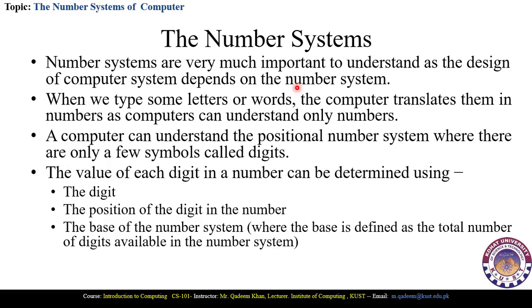When we type some words or letters inside the computer, the computer translates those words or letters into certain numbers which are only understandable to the computer. For example, when we type the character A, the character A is converted to the ASCII character, and then the ASCII character is converted to binary to represent the character A here.